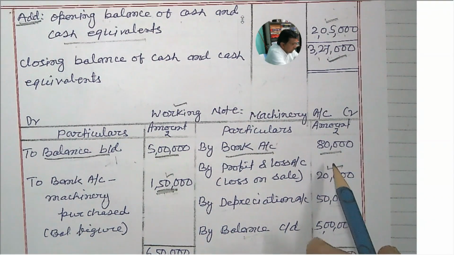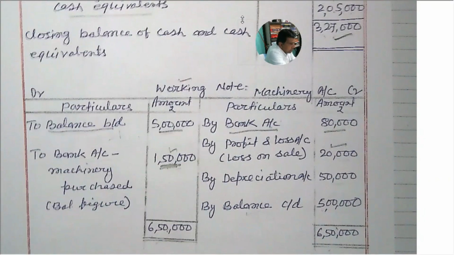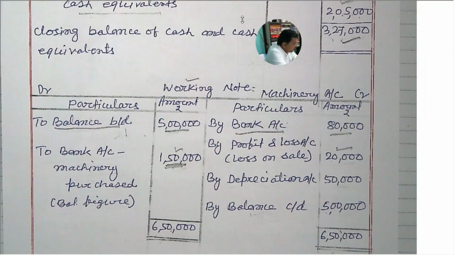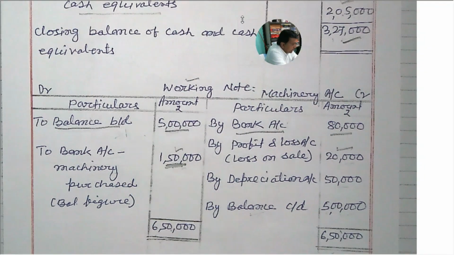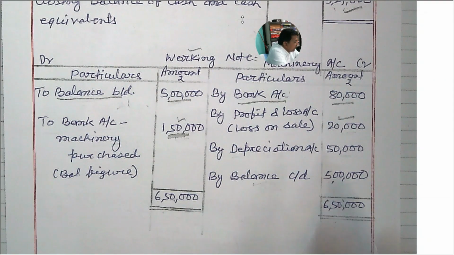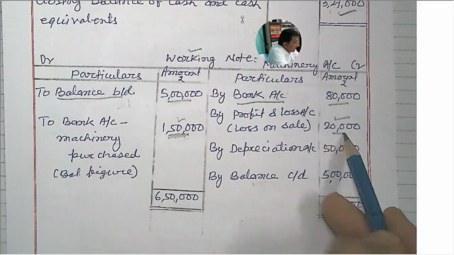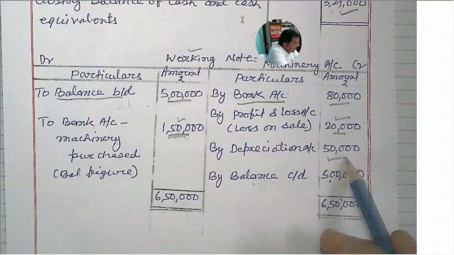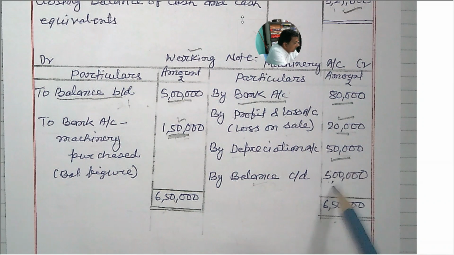The cost price of the machinery is 1 lakh, given in the question, and the sale proceeds are 80,000. The difference is a loss, and that loss we always write on the credit side. And depreciation to be provided is 50,000, given in the question.